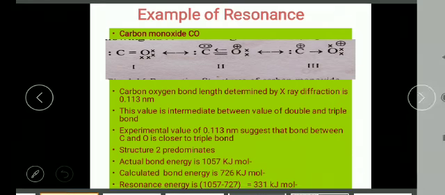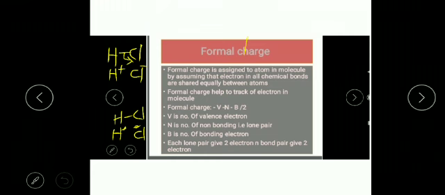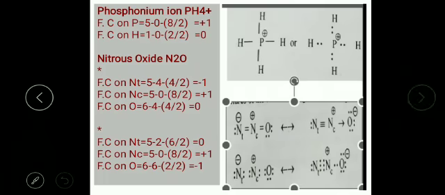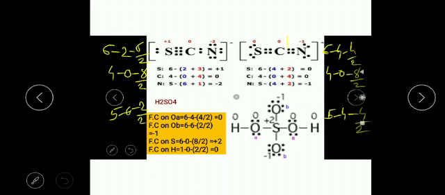So the answer is 0. So the formal charge on oxygen B: here there is 6 minus 6 because there are 6 lone pair electrons, minus 2 because this is a bond pair. So 6 minus 2 divided by 2. So the answer is minus 1.